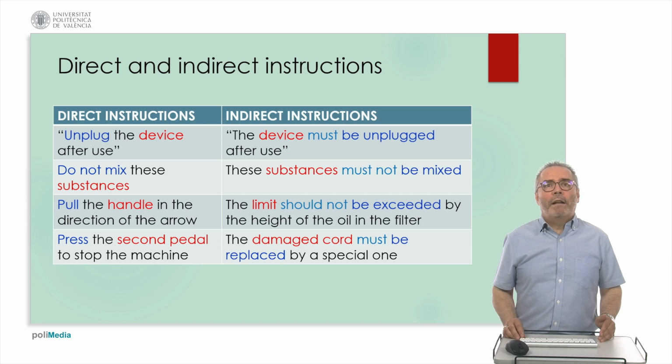And examples of indirect instructions would be: these substances must not be mixed, the limit should not be exceeded by the height of the oil in the filter, or the damaged cord must be replaced by a special one.